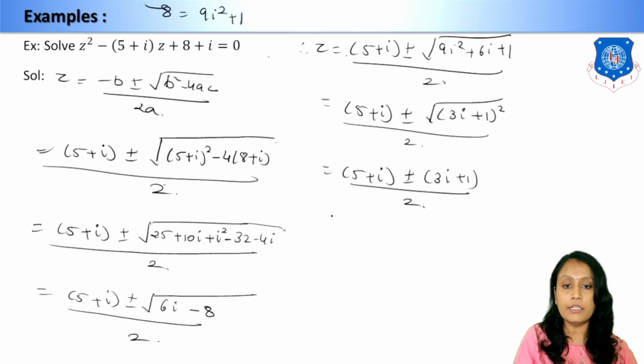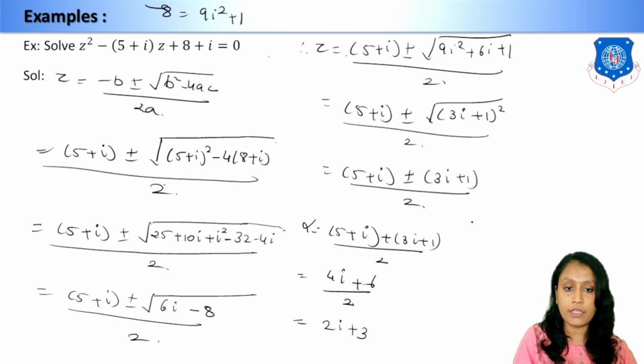Okay, so we are getting two roots. Let's give one name alpha. So this is 5 plus i plus 3i plus 1 upon 2. Okay, add them. So 3i plus i, that is 4i plus 6 upon 2. On simplification, you will get 2i plus 3. Okay. Now another root is beta.